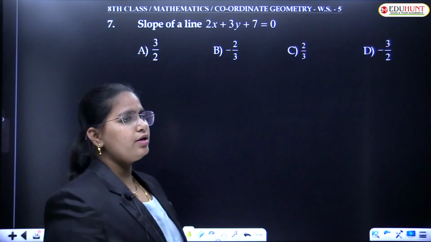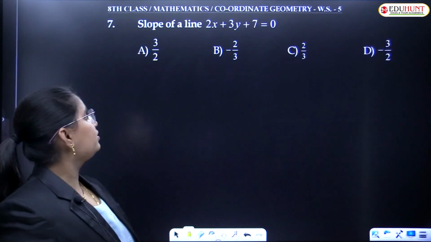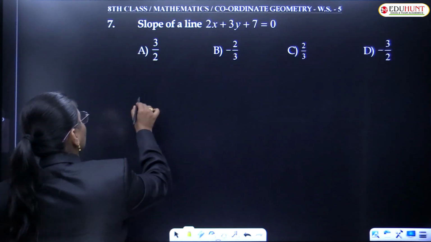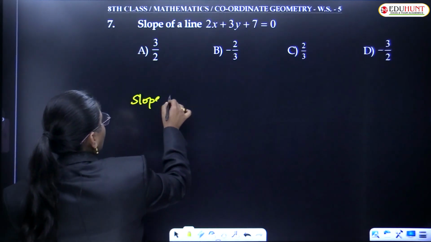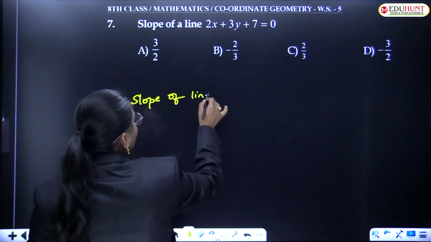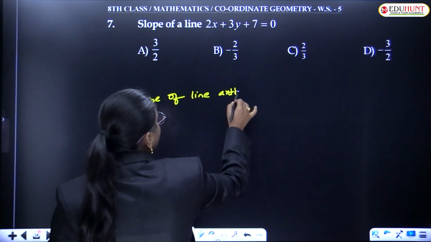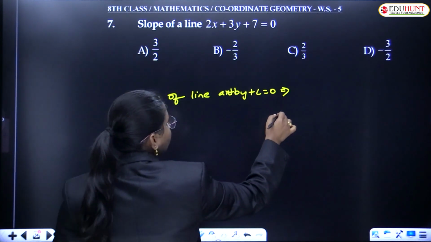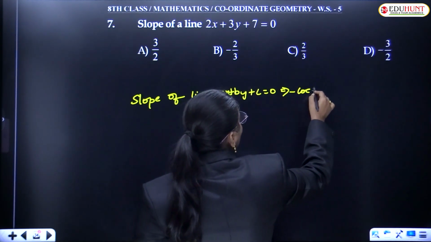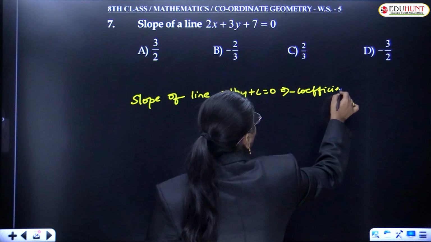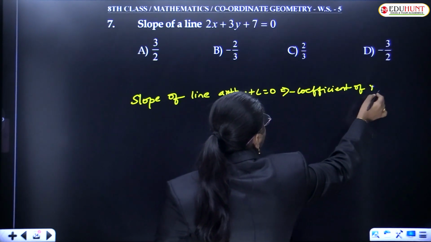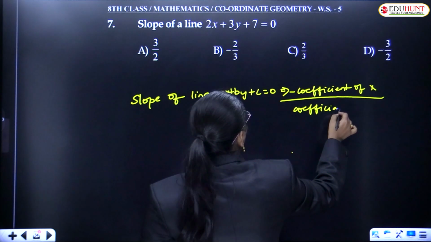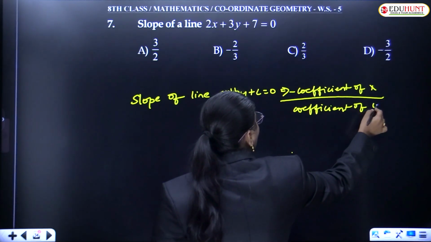Yes. Next one. Slope of the line 2x plus 3y plus 7 is equal to 0. The slope of any line ax plus by plus c is equal to 0 is minus the coefficient of x by the coefficient of y.